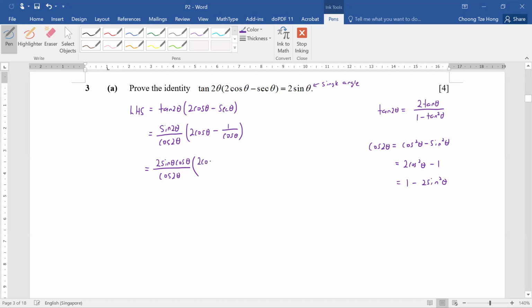We would multiply by cosine theta at the top and the bottom. So 2 cosine theta will be 2 cosine square theta over cosine theta, minus 1 over cosine theta. Then let's combine inside the bracket.